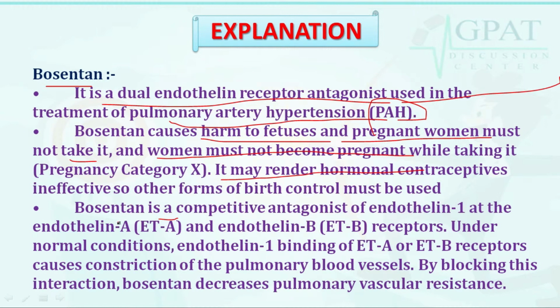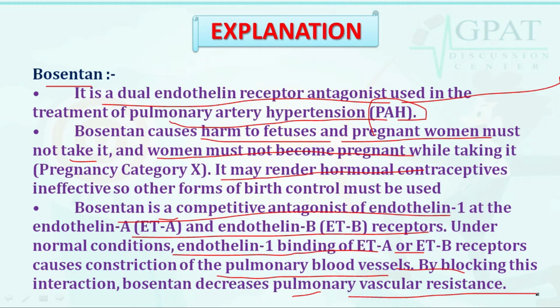Bosentan is a competitive antagonist of endothelin-1 at the endothelin A and endothelin B receptors. Under normal conditions, endothelin-1 binding to ETA and ETB receptors causes constriction of the pulmonary blood vessels. By blocking this interaction, bosentan decreases pulmonary vascular resistance. So this is all about this question.